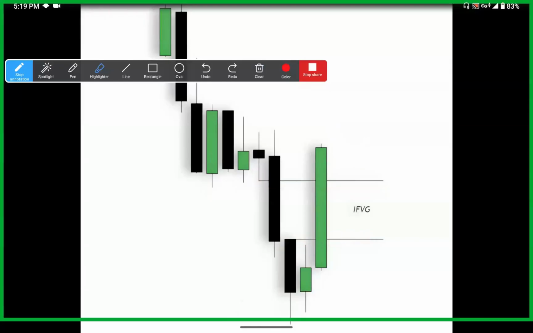What happens is that price fails to be hindered by this fair value gap, and a body close of a candle closes above. This turns it into an inversion fair value gap. Since this was a resistance and the candle has closed above it, it becomes our current support. You should put that into consideration.